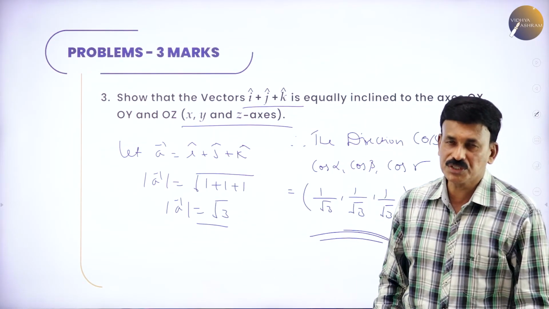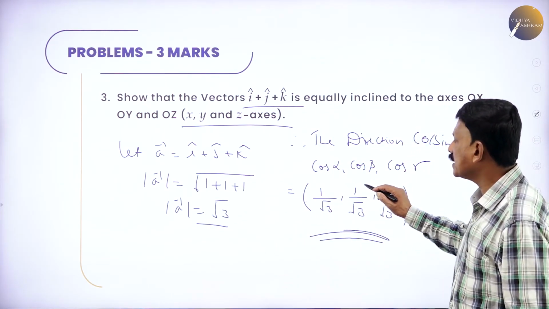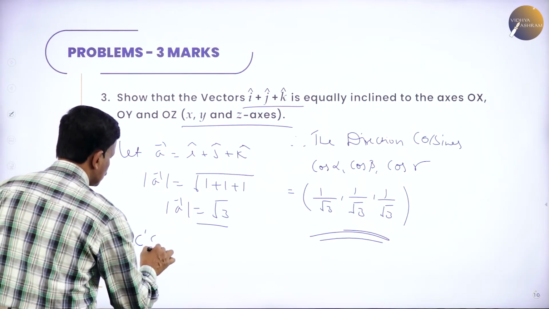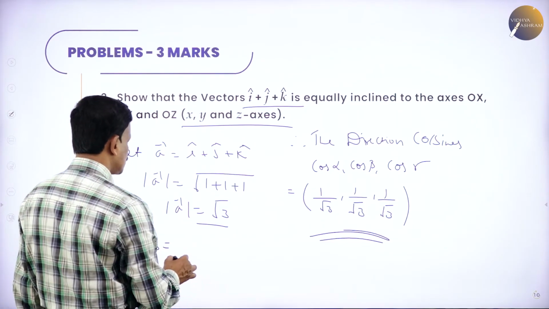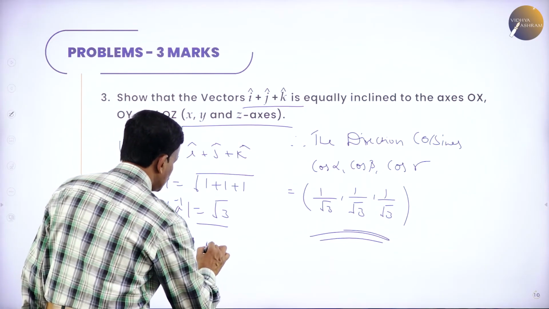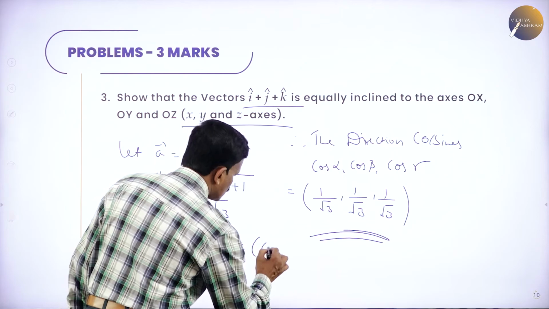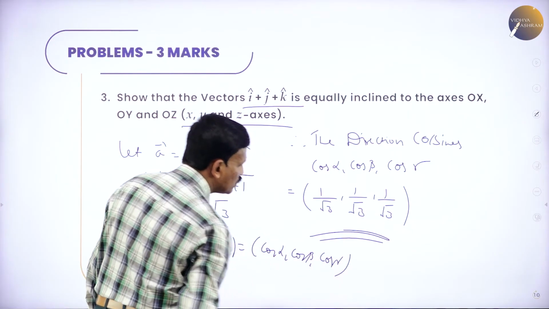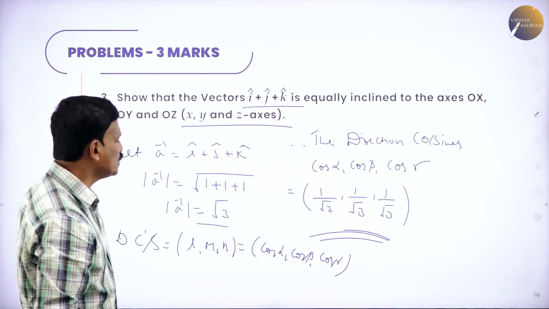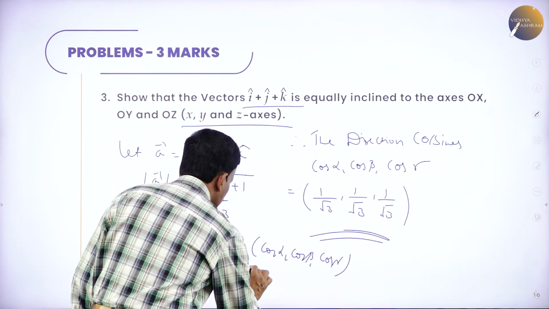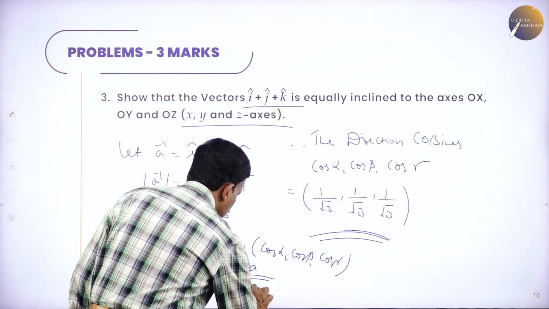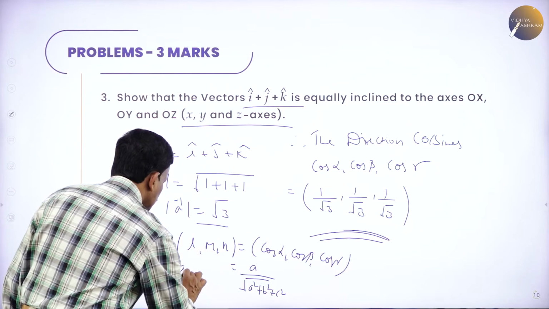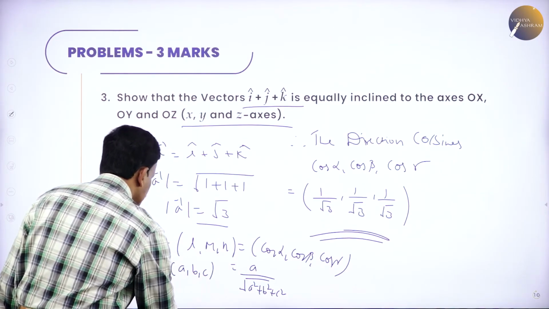Just find out the length of this vector. Suppose the direction cosines are given by cos alpha, cos beta, cos gamma, L, M, N. If the ratios are given, then this is equal to a by root of a square plus b square plus c square for a, b, c, the direction ratios.